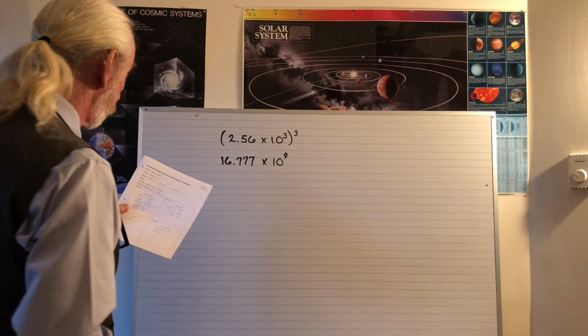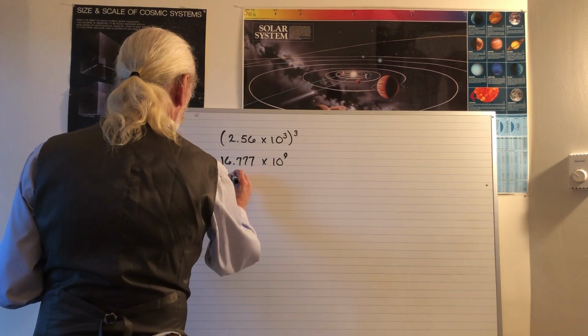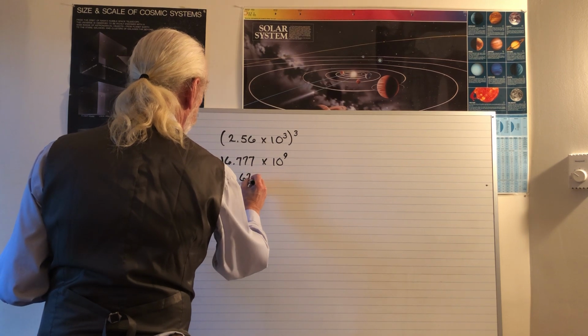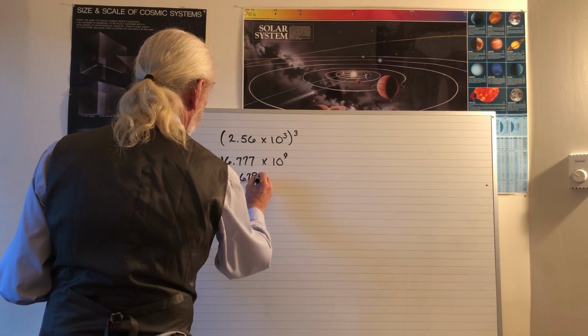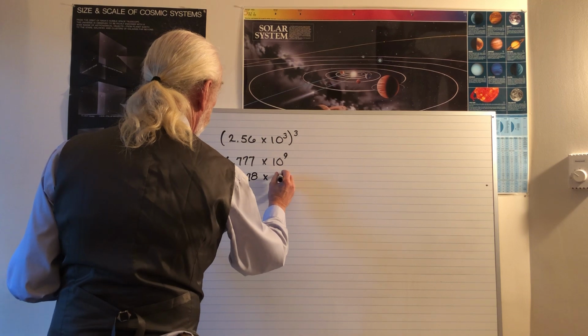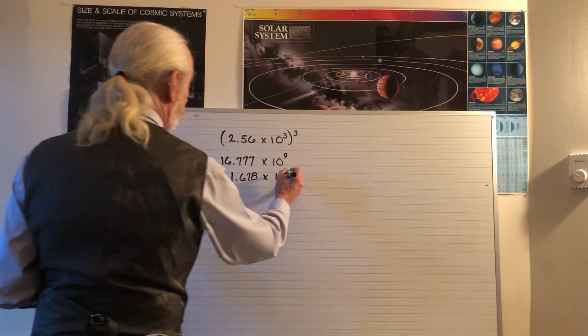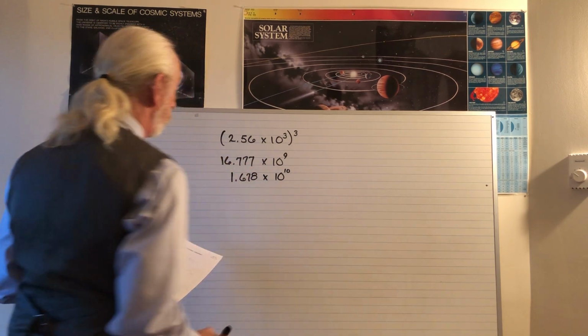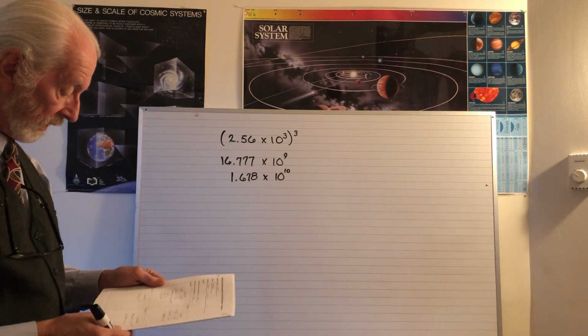And to put it in proper form, I'm going to make that 1.67, and we'll round it to the 8th, times 10. I went to the left, so it's going to go up, 10 to the 10th. Example 3.